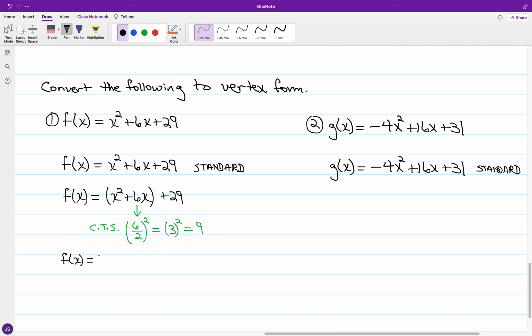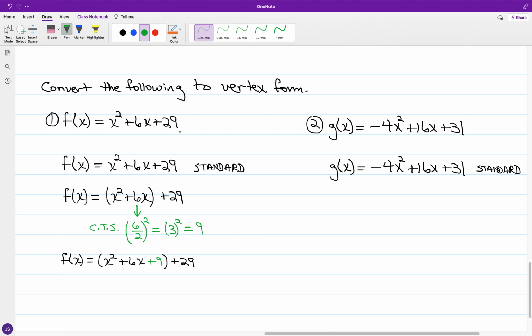So here we're going to have f of x is equal to x squared plus 6x, and 9 is going to be added, plus 29. But I need to create balance, because if I don't subtract anything away from the 29, we'll have x squared plus 6x plus 38.